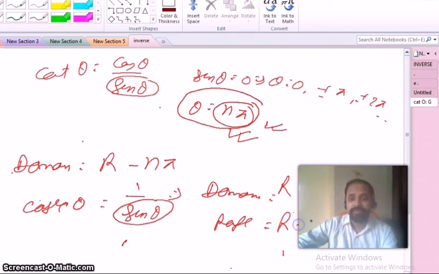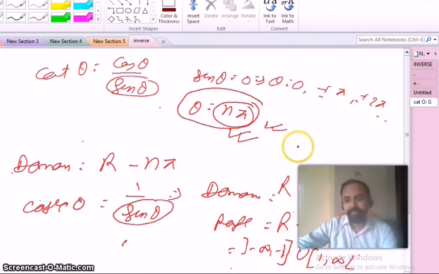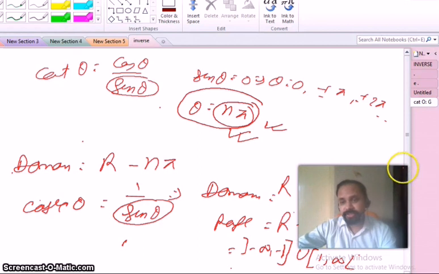That means all real values except minus 1 to 1. Or you can say it like this: minus infinity to minus 1, closed interval, union 1 to infinity.